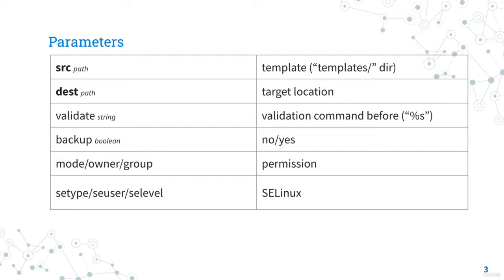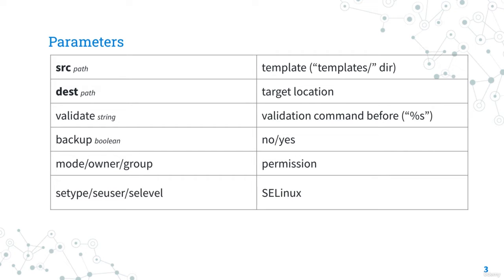The validate parameter allows you to specify the validation command to run before copy into place. It's very useful with configuration file for services. Please note that the special escape sequence %s is going to be expanded by Ansible with the destination path.